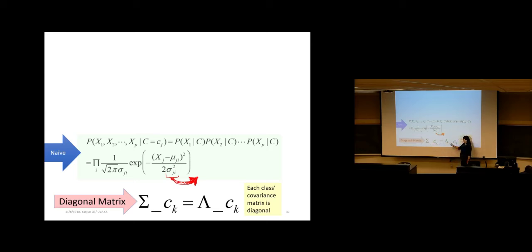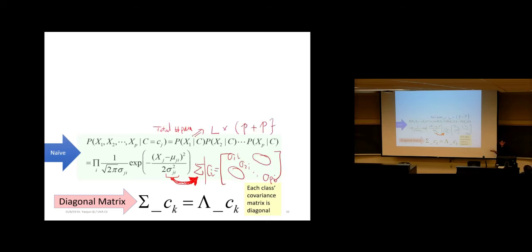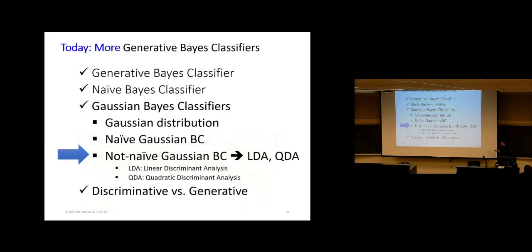Each one of them is a diagonal matrix. So this is what I mean by the naive assumption. So this is the naive Gaussian classifier, and the total number of parameters is 2pL, as I repeated.